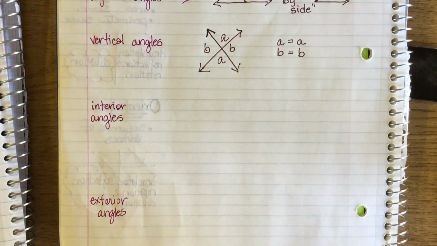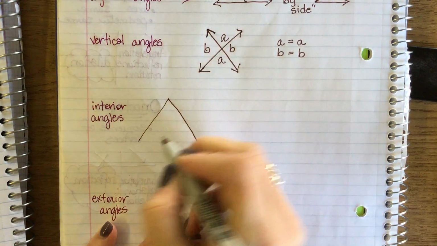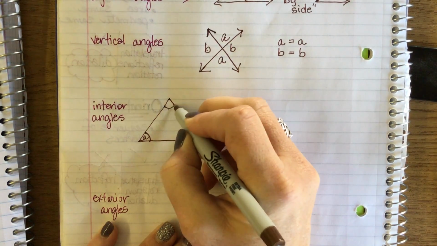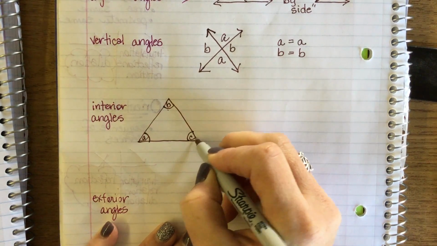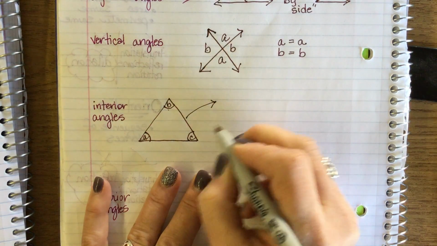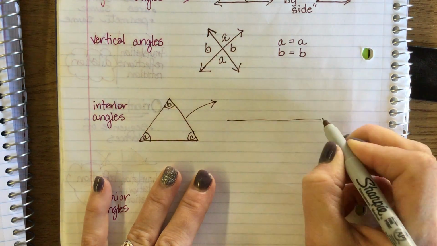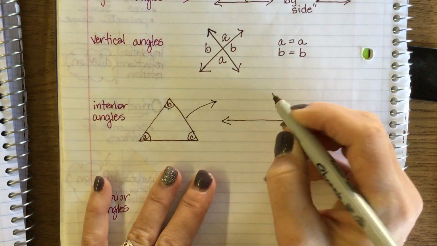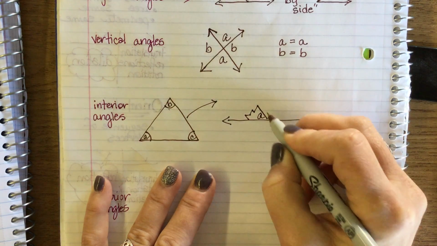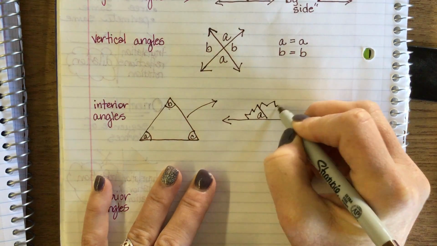Okay, and what that means is, let's say on a triangle, you have A, B, C. Remember last year when we took each one of those angles and we put those on a line? Do you remember that? We tore them off, and they added up.